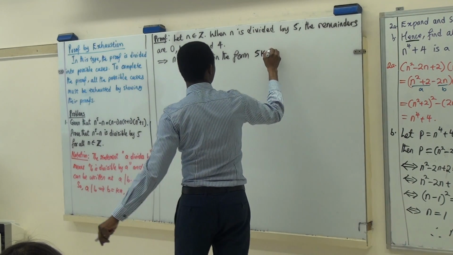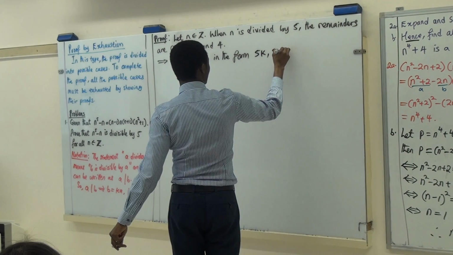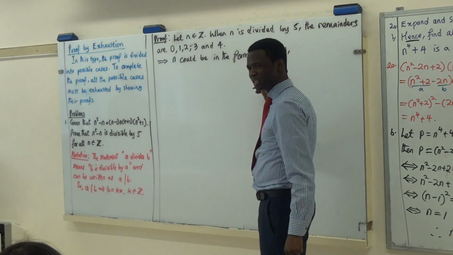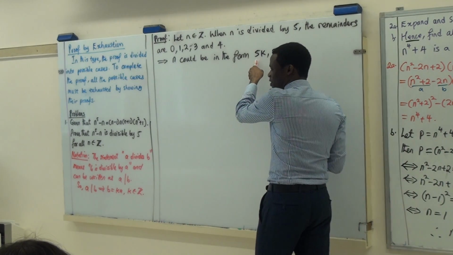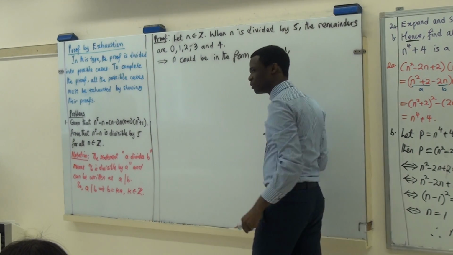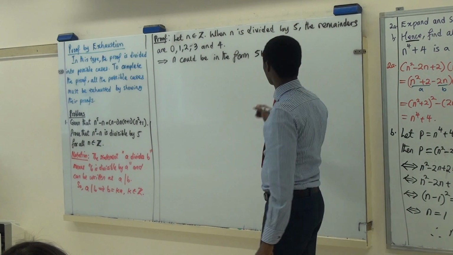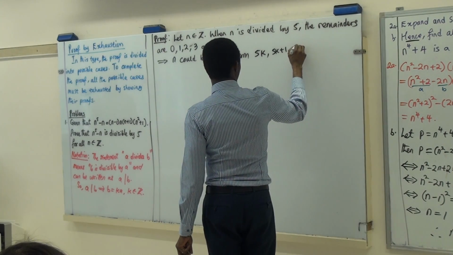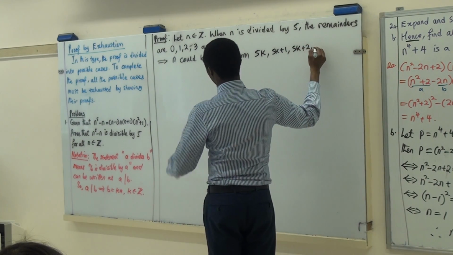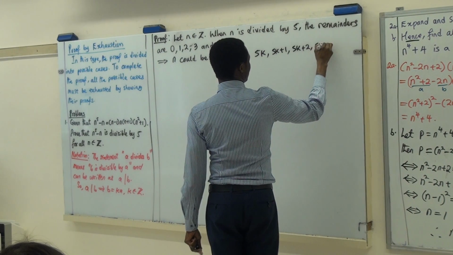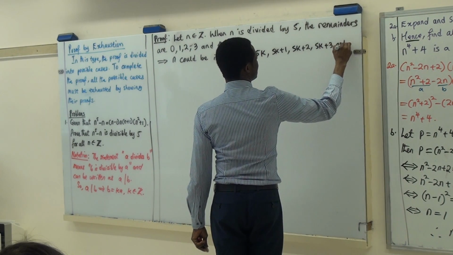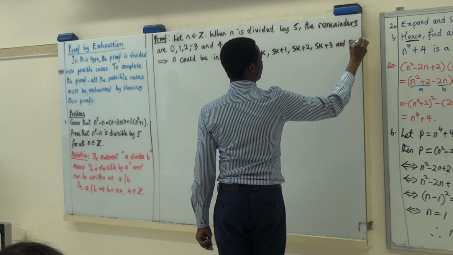Yes? 5k. 5k plus 1. Do you remember? Do you understand this? 5k's are the ones that leave remainder of 0, which means the multiples of 5. Yes? 5k plus 2, 5k plus 3 and 5k plus 4.